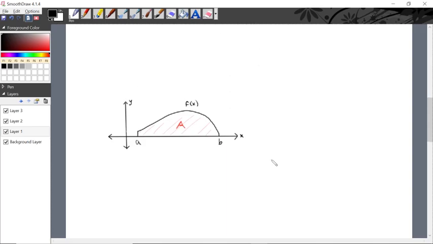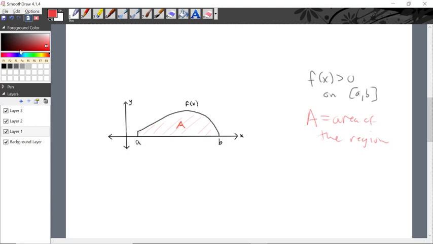So here was an example of the graph of a function we were looking at in the previous section. Notice from here that f happens to be a function that is specifically greater than 0 on the closed interval a to b. And as such, if we were to find this region A, A is interpreted as the area of that region.